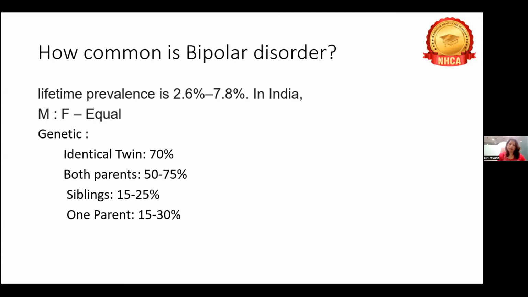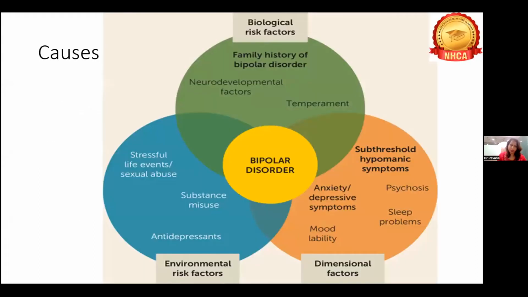It is something like diabetes, where your children are more prone if one parent is diabetic, 50%, and if both parents are, it is a greater risk. So it's similar to that. If it is both parents, it is almost about 75% of the time that the offspring can develop bipolar disorder.